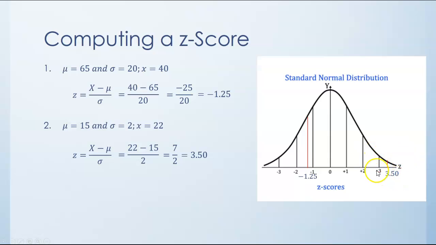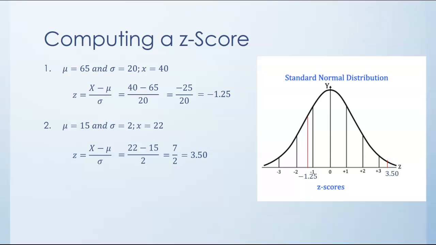So if we put it, maybe it's right back there at 3.5, way down here at the end of our z curve. Now, one of the benefits of the standard curve is that it allows us to look at these two data points on the same curve, because they're not the same values. The means and the standard deviations are definitely different for these two values, and if I'd have looked at these, I might not have thought that 22 was that big of a difference from 15.